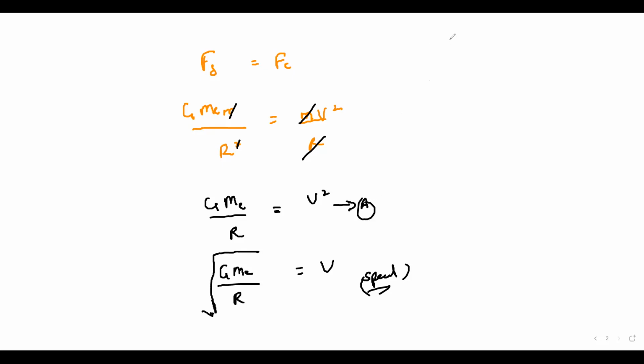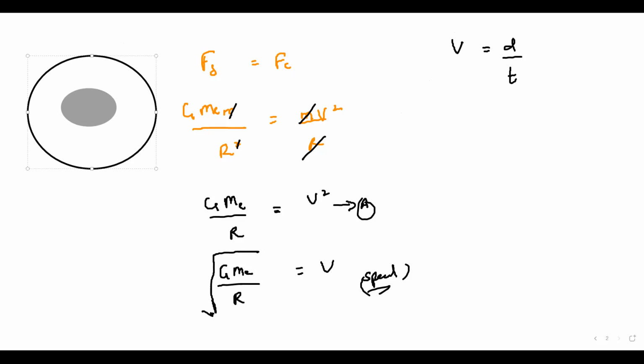We have the formula speed equals distance over time. As a satellite is revolving around the Earth, it's moving in a circular path.